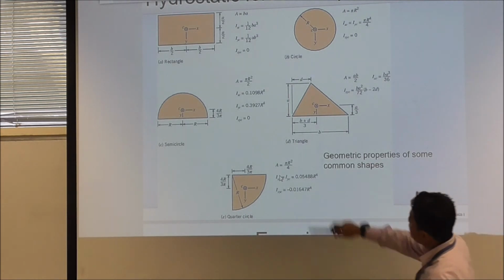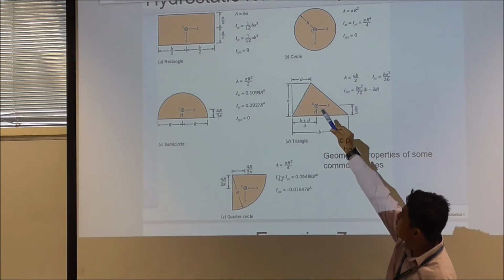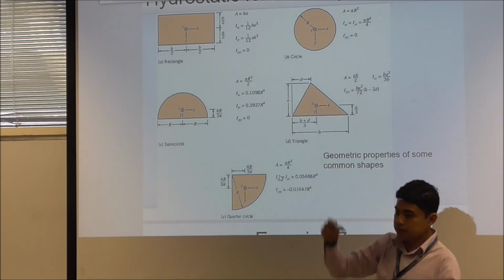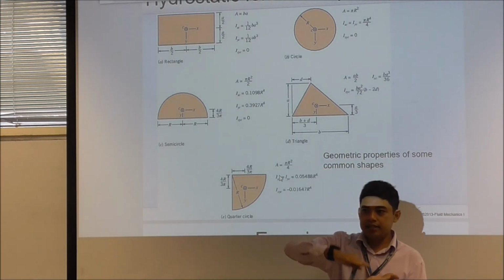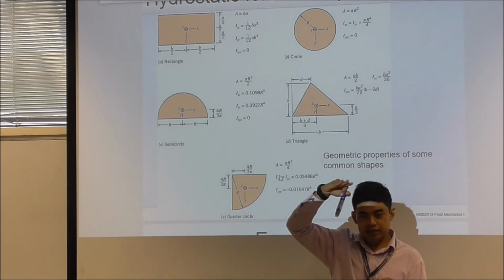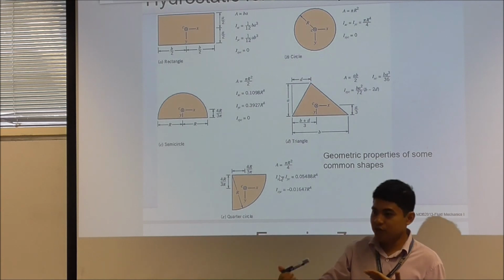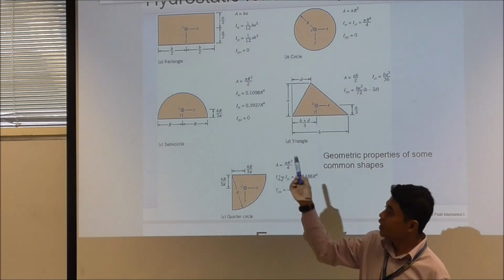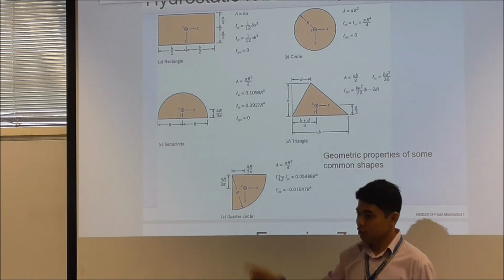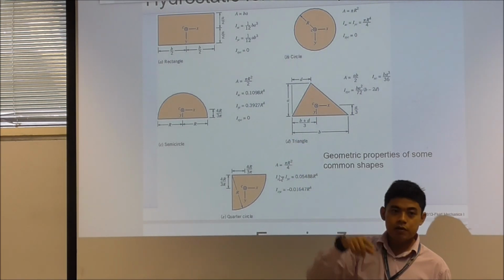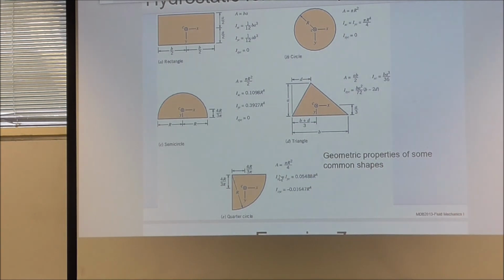So for a square, it's given there. Be careful with the BA square. B in this case is the base, and A is the height. Don't get confused, because in the question it may be given differently: A is the base, B is the height. But you know that the equation is this, B is for the base, because it gives you a totally different story.